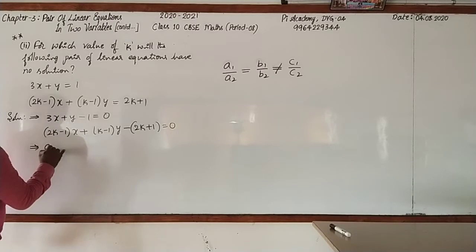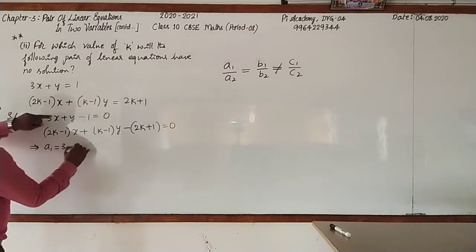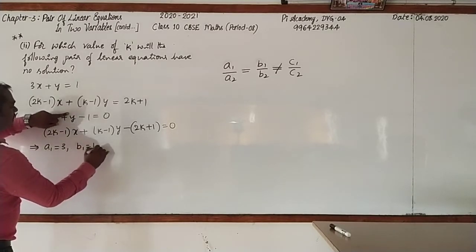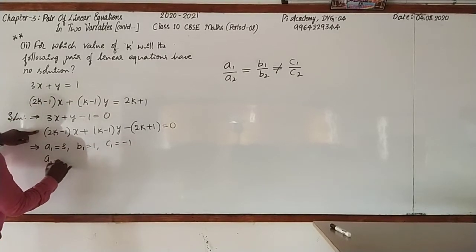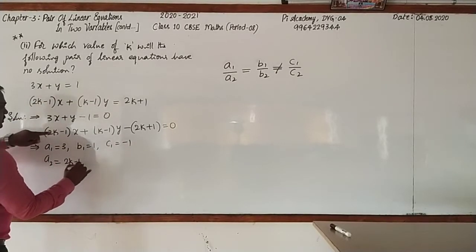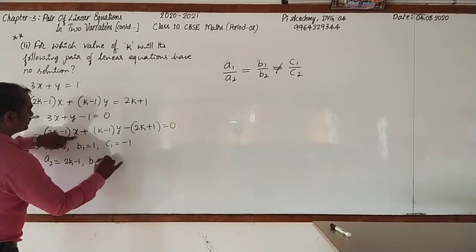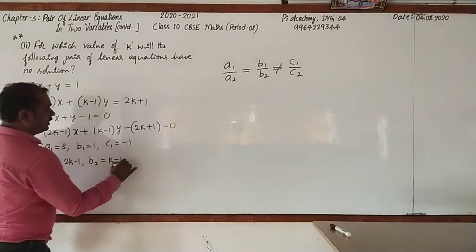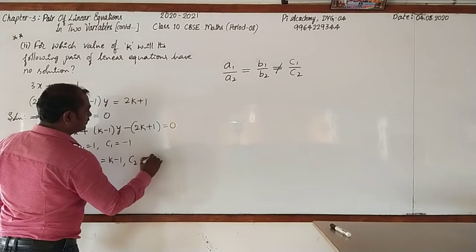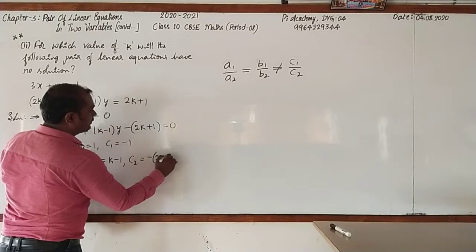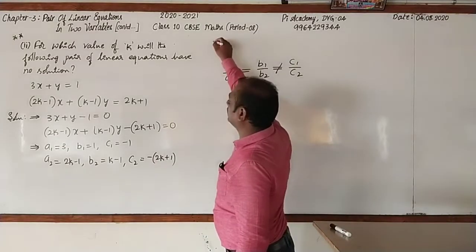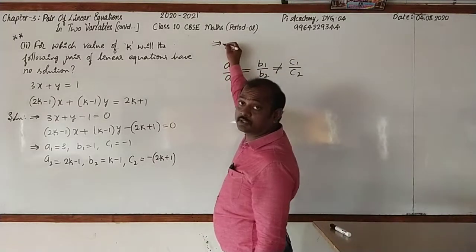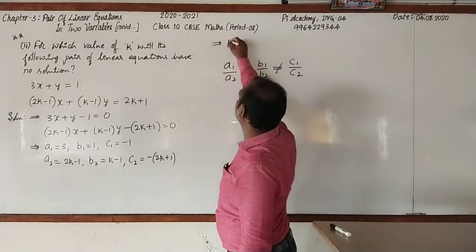Then let us write the coefficients. A1 is 3, B1 is 1 and C1 is minus 1. Then A2 is 2k minus 1, B2 is k minus 1 and C2 is minus of 2k plus 1. Followed?